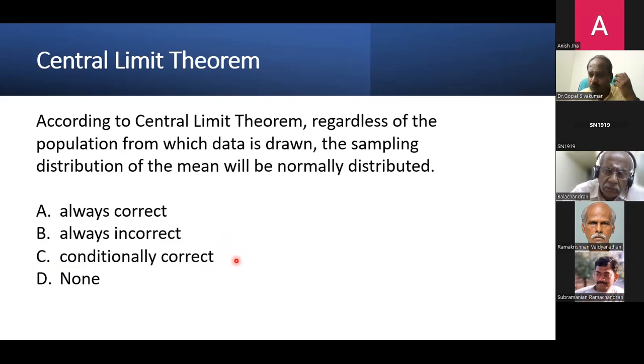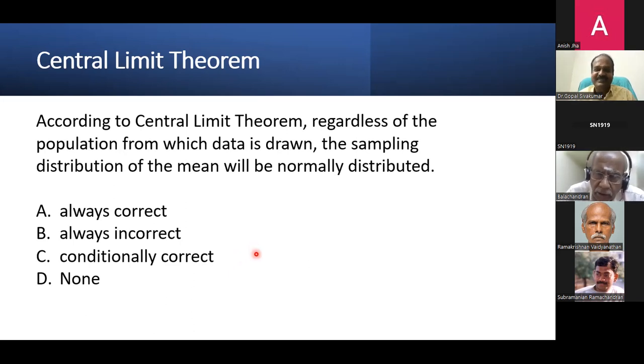We most of the time look at the mean only. We are trying to take decisions using the mean, not a single observation. If you take a decision using a single observation, you are referring to sample distribution. If you take a decision using the mean value, you are referring to sampling distribution. Am I correct? Yes, sir.